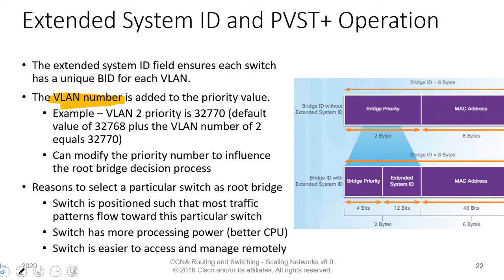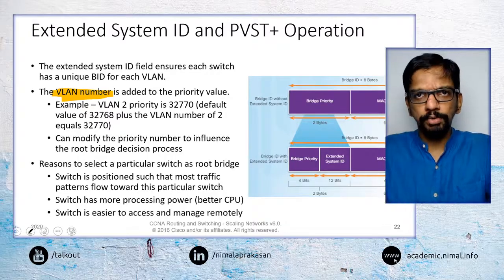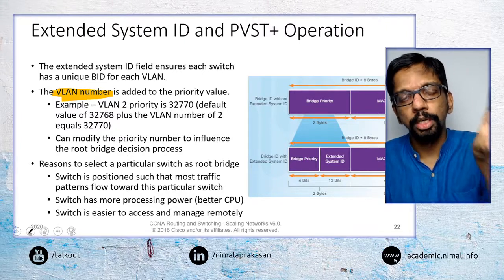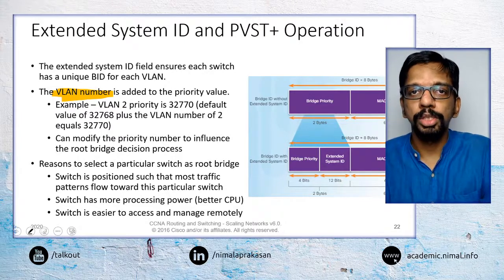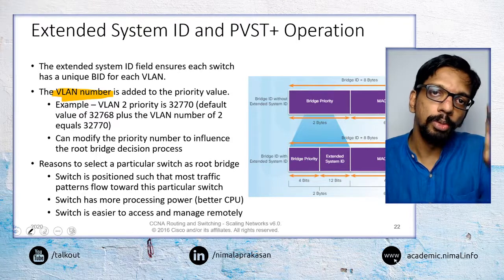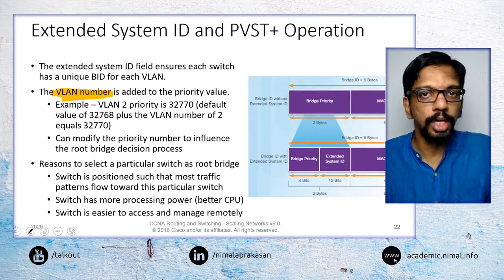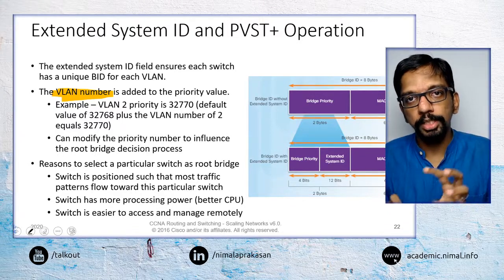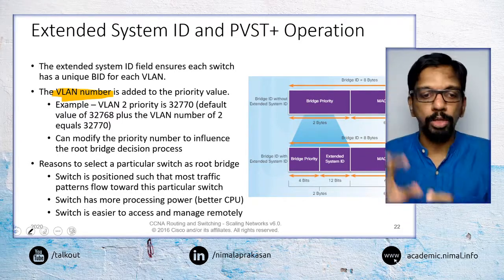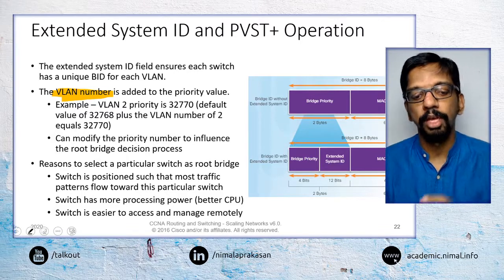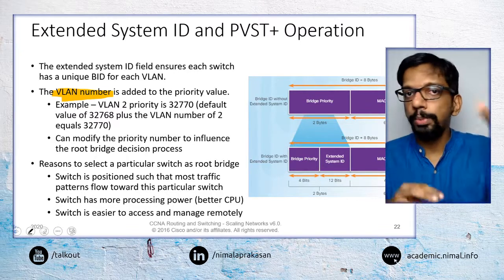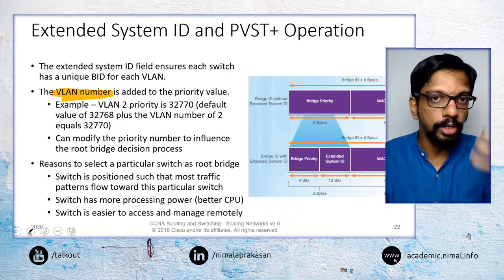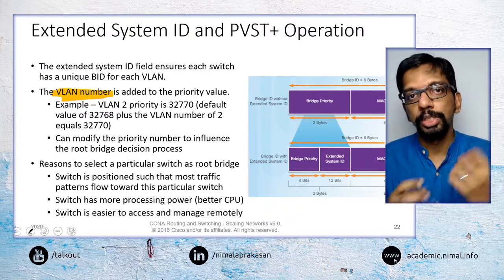For example, in certain network arrangements, most of the devices of that network will be connected to a particular switch, and having that as the root bridge would be an ideal way to connect rather than having another root bridge. So we can have different root bridges for different VLANs based on the traffic arrangement that they have. And sometimes some of the devices can be more highly powered, with more CPU processing capability.